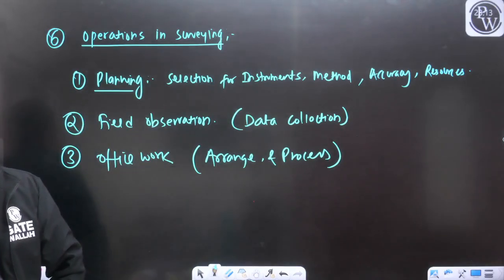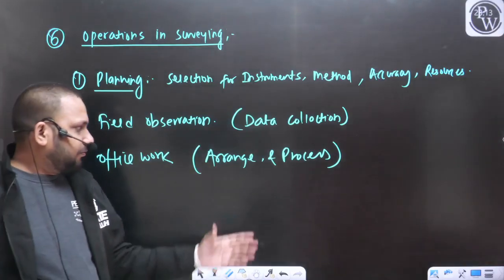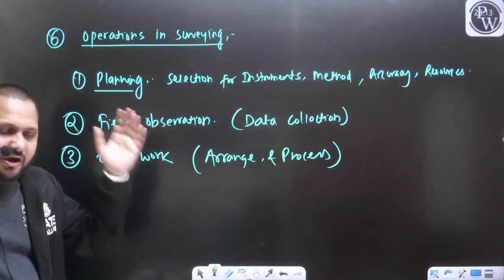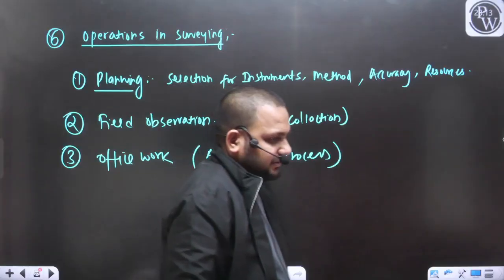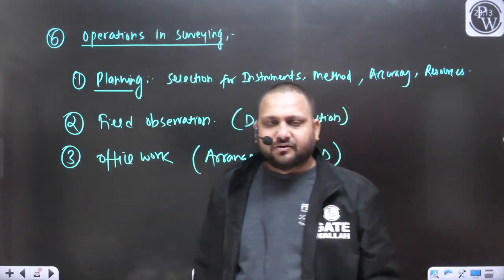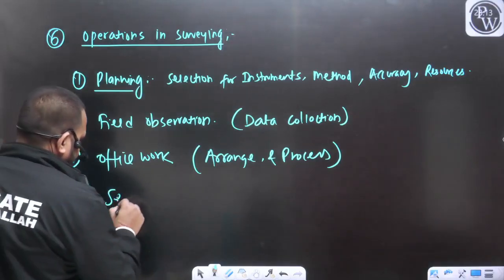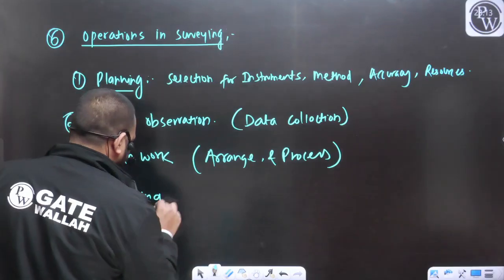Yes. What next? Once you have arranged all the data that you have collected on the field, what will we do next? Next is going to be the setting out work.